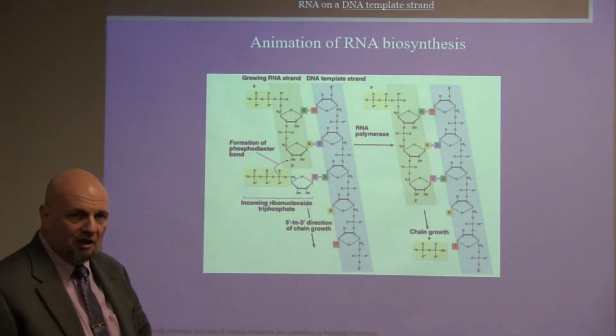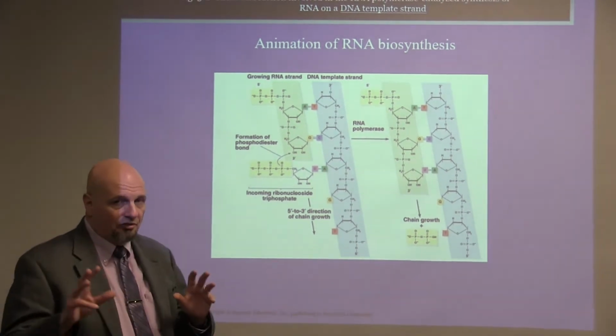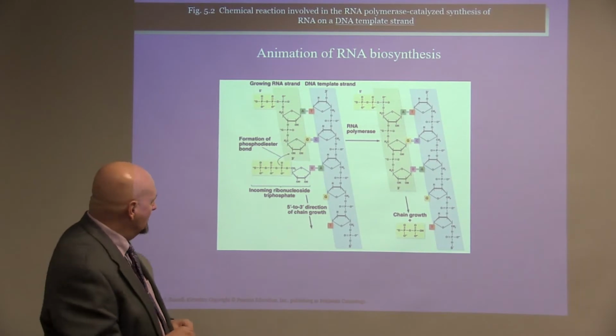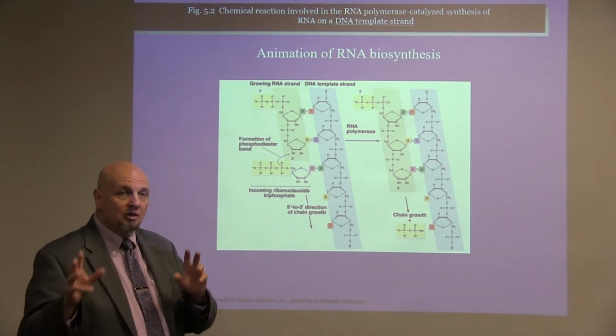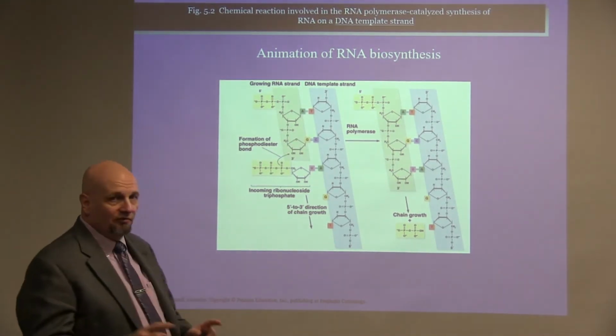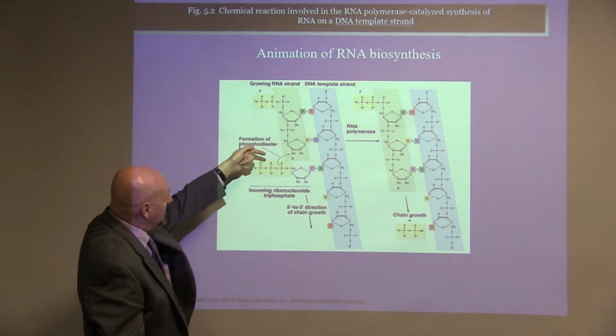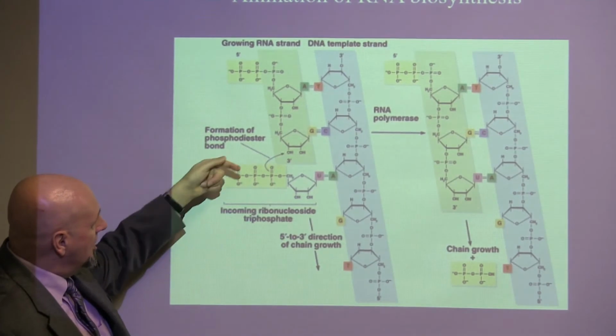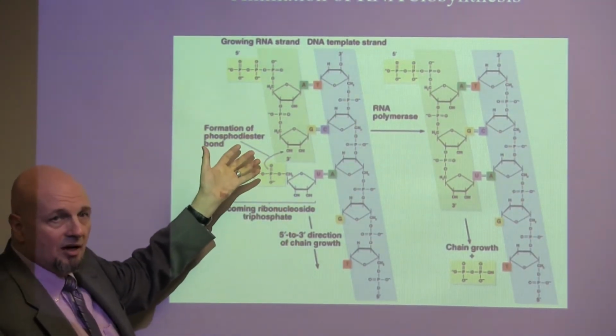Now, synthesis of the RNA does the same thing as in DNA. DNA synthesis, if you remember, is 5' to 3'. Well, RNA biosynthesis is also 5' to 3'. And you have that same nucleophilic attack that occurs on this particular phosphorus of the incoming ribonucleotide triphosphate.